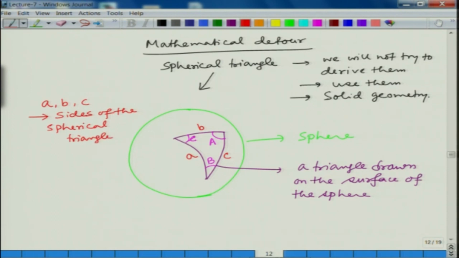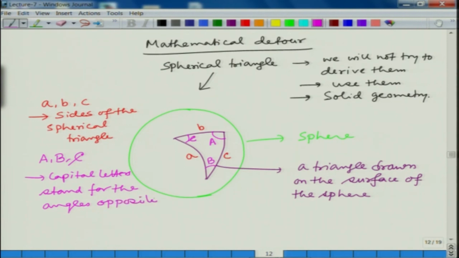And the capital A, B and C, the capital letters, stand for the angles opposite to the sides.